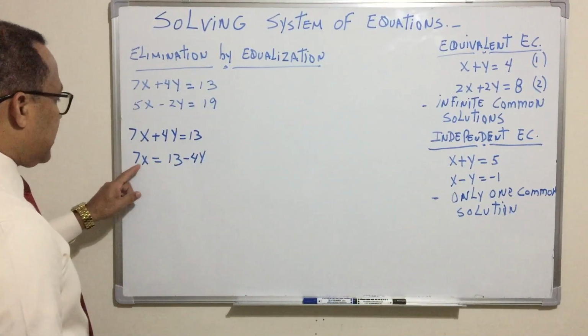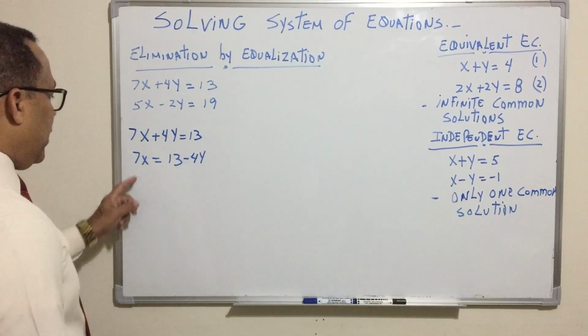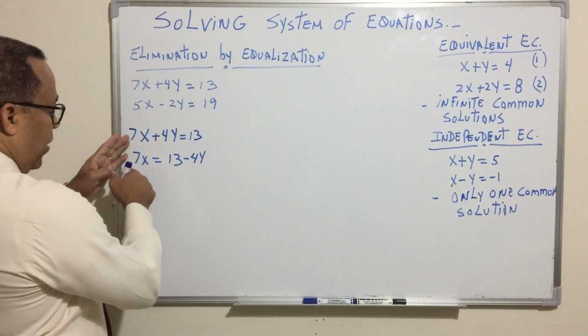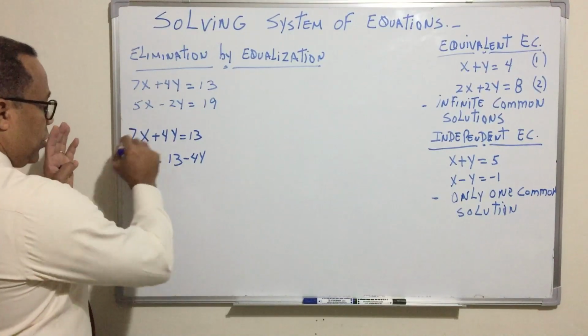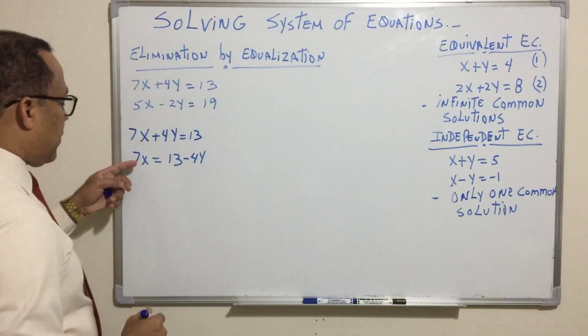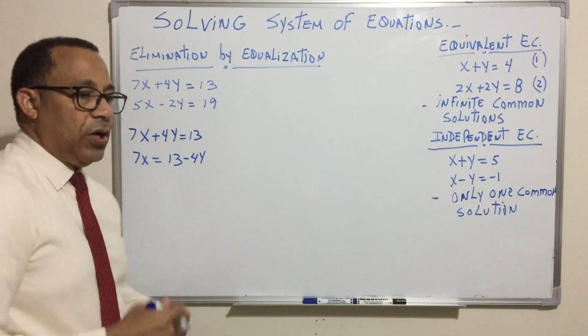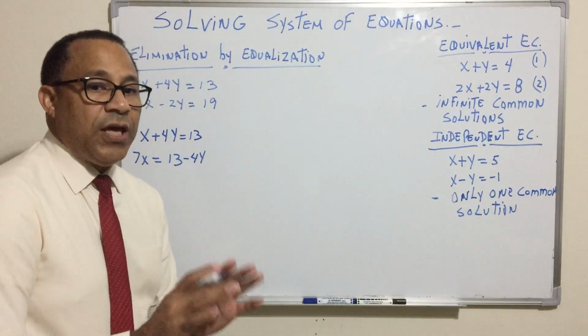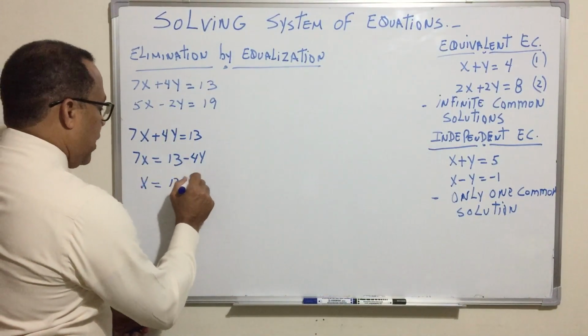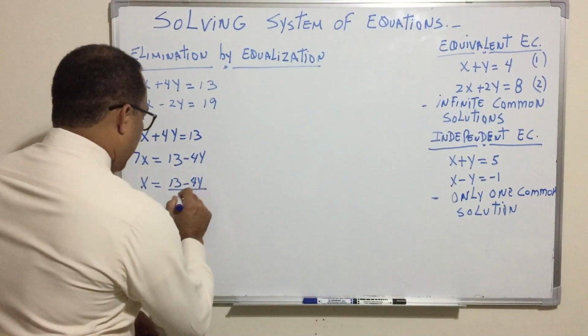And then 7x equals 13 minus 4y. In order to get rid of the 7, I need to move the 7 from the left to the right. The operation involved on this side is a multiplication. So if I change the 7 from the left to the right, it will be the opposite of multiplication, which is division. So x will be 13 minus 4y divided by 7.